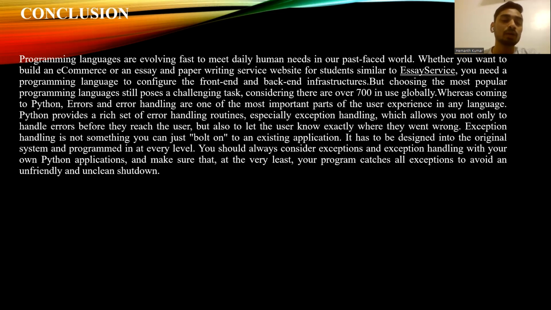Python has a rich set of error handling routines, and it also supports exception handling, and it allows us to handle errors well. If anything goes wrong, we can find it easily and clarify it very quickly.